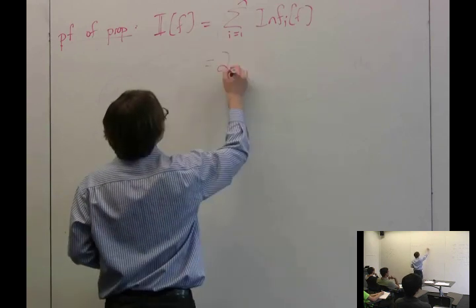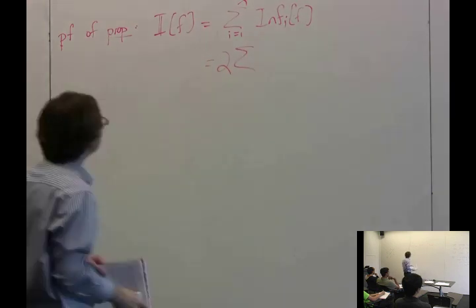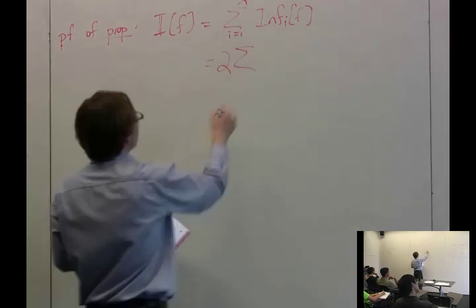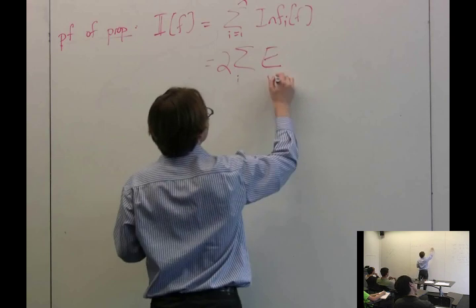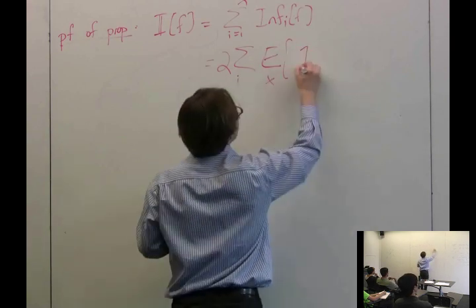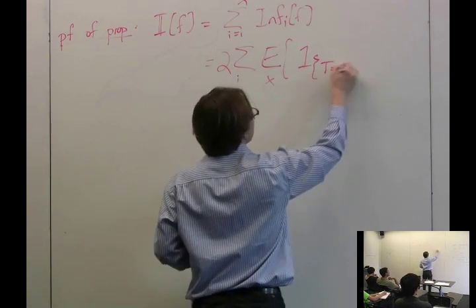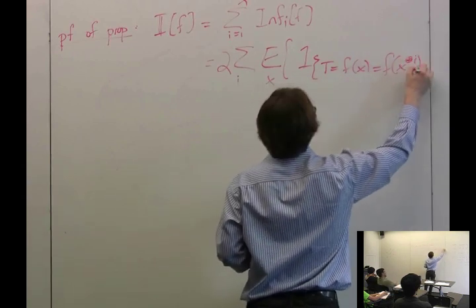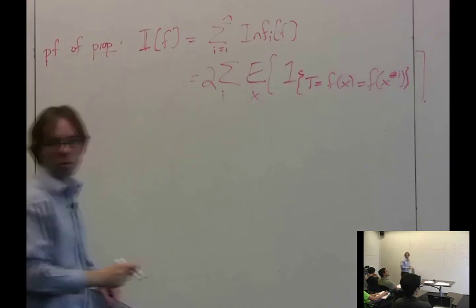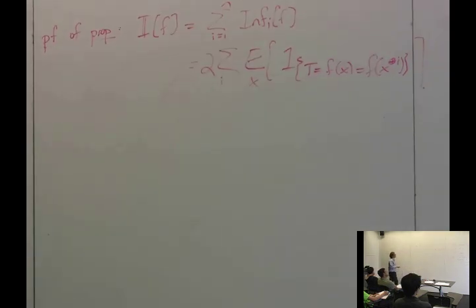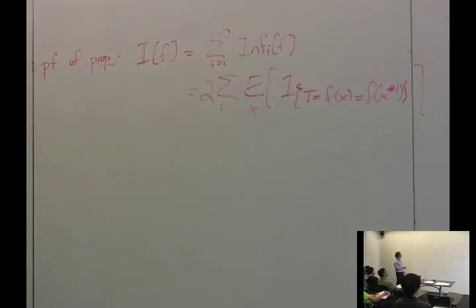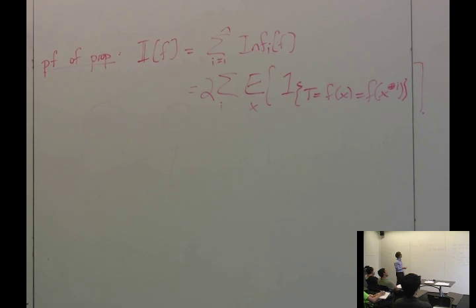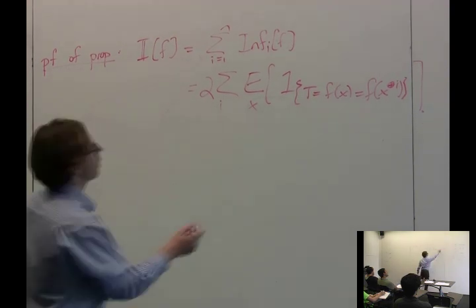So it's 2 times the sum over all i of the expected value over x of the indicator that true equals f(x) does not equal f of x with the ith bit flipped. It's just the same as writing the probability. Did I do something wrong here? Yeah, thank you.